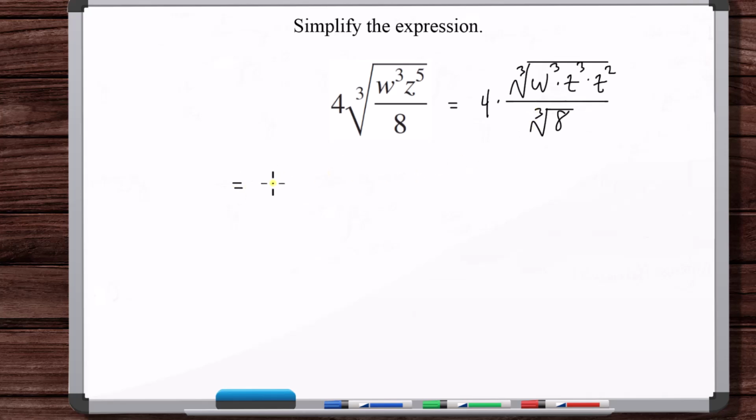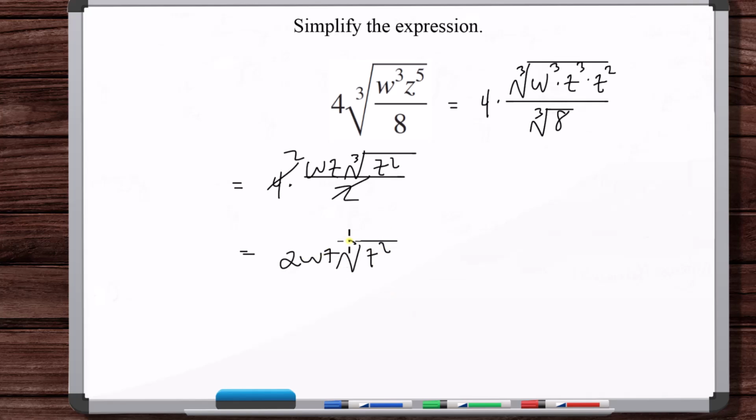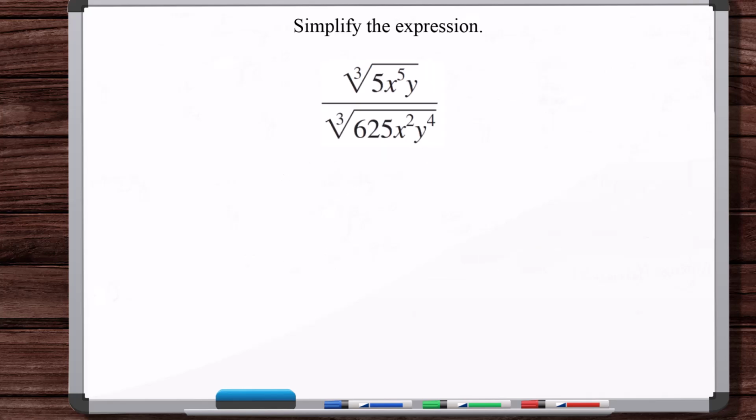And so we can take out a w and a z. There we go. Okay, here we can apply the quotient property in reverse.